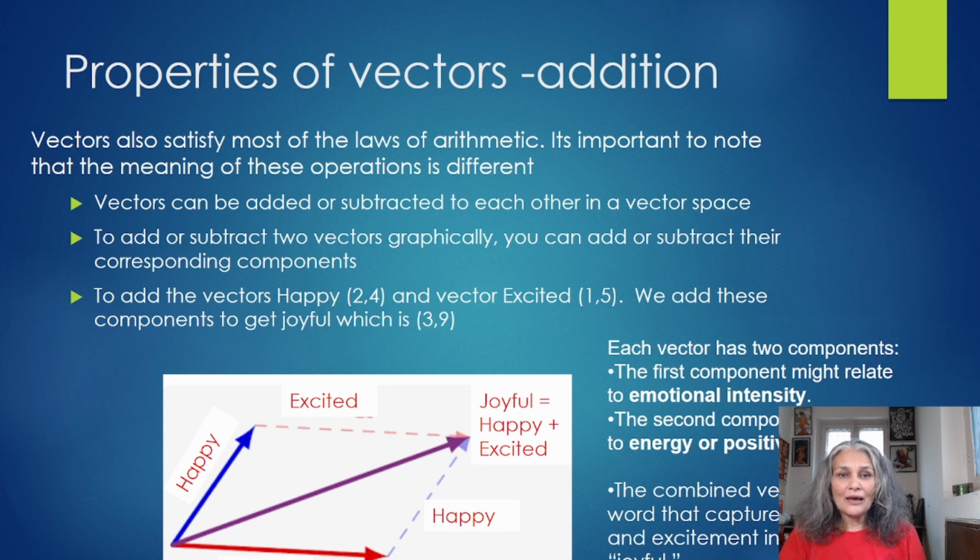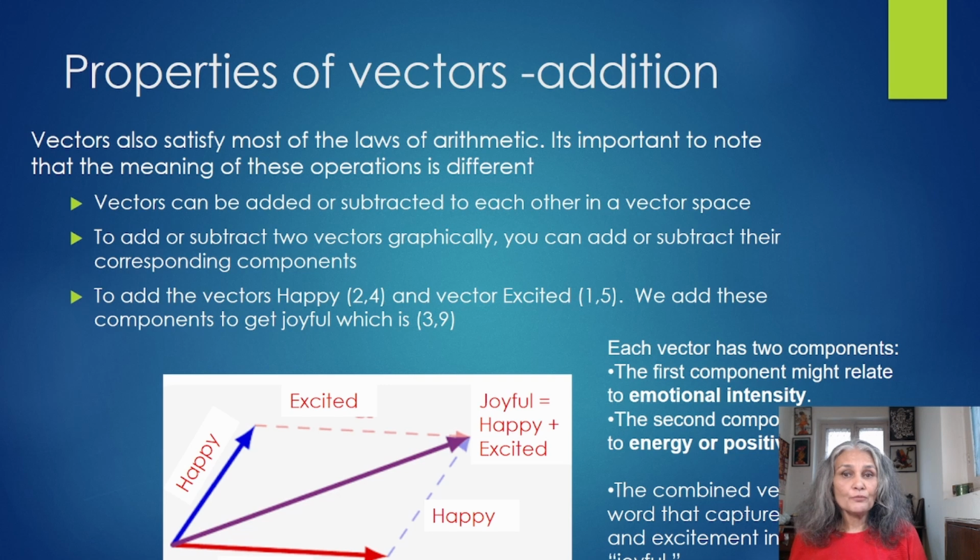Let's look at an example in the image. We have two existing vectors. One represents the word happy, another one represents the word excited. Now, we are just measuring these words on two axes or dimensions.